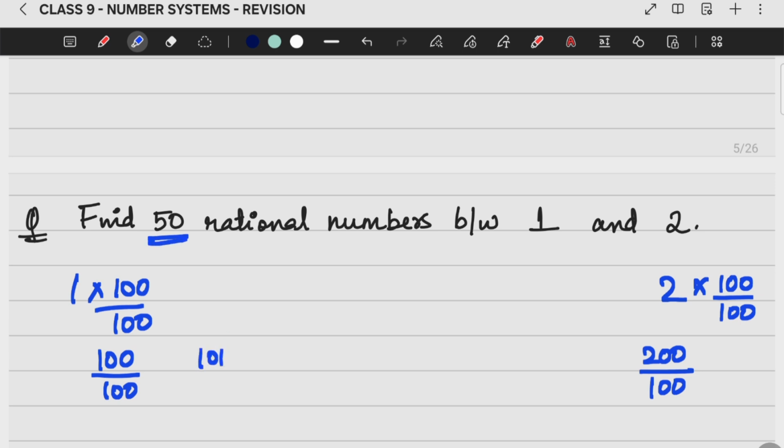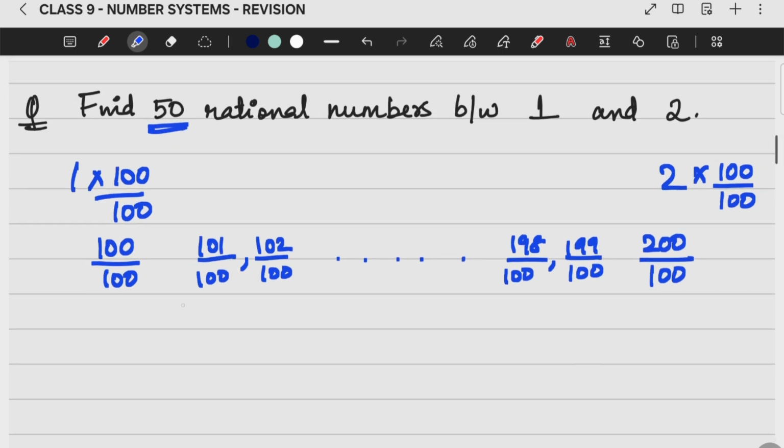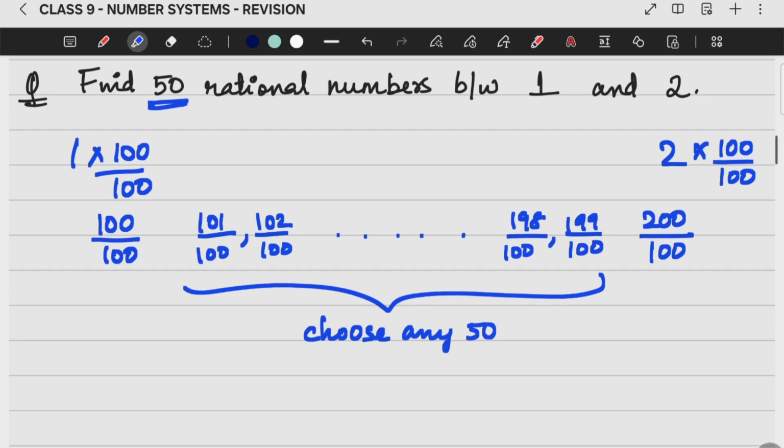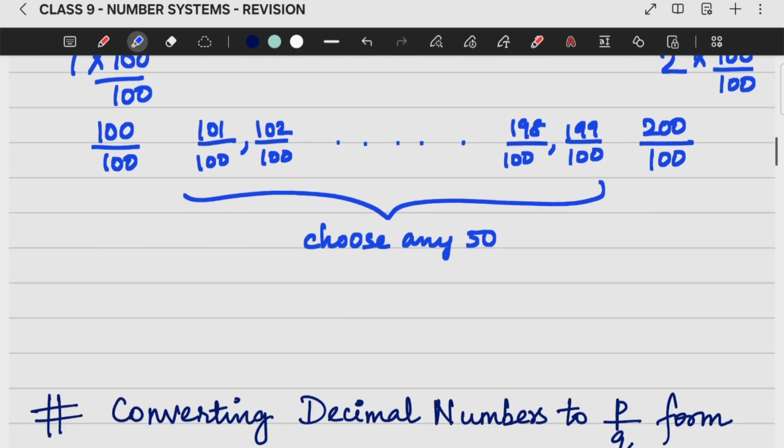So 101 by 100, 102 by 100, and it would go on up to 198 by 100, 199 by 100. So choose any 50. Okay, so now you have understood how to find any n number of rational numbers between any two rational numbers.